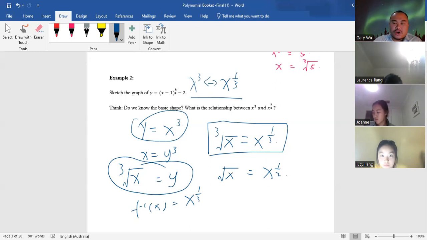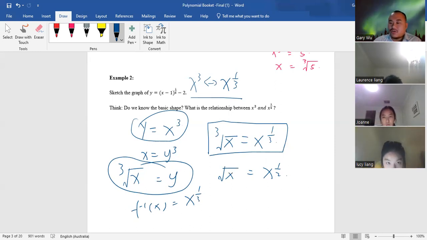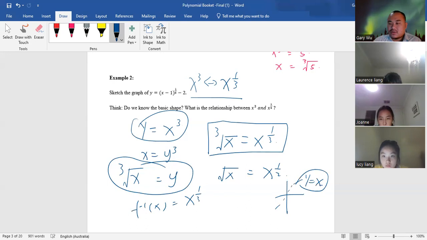And what's the geometric representation for inverse function? They reflect over what? Inverse function reflect over what? I can't remember. They reflect over y equal to x.